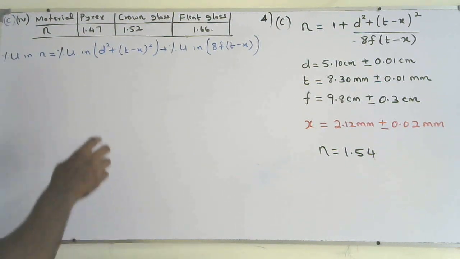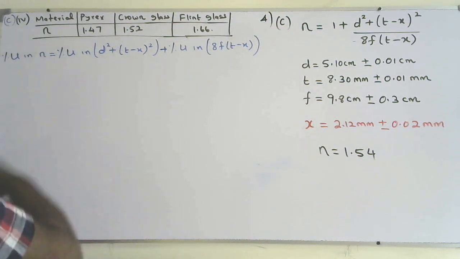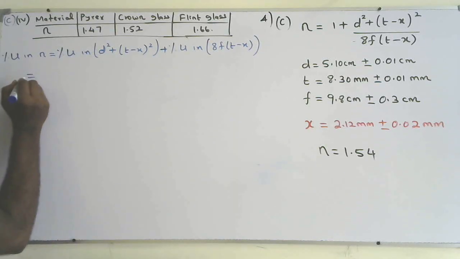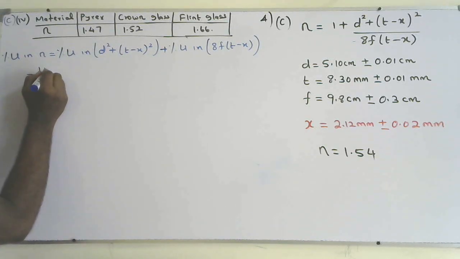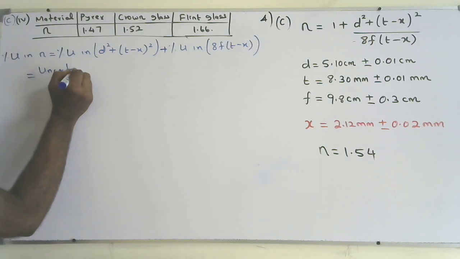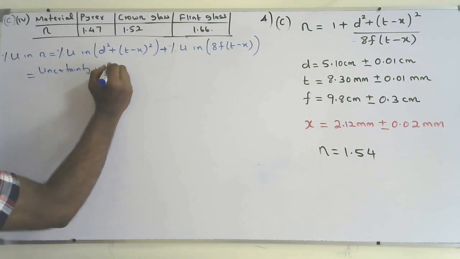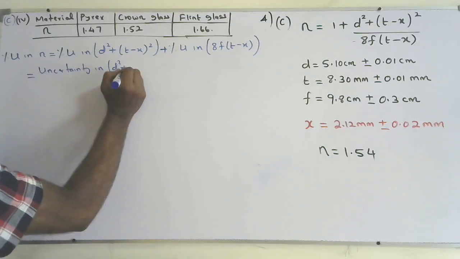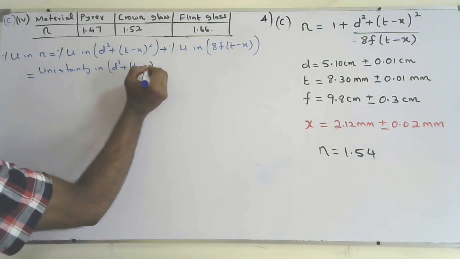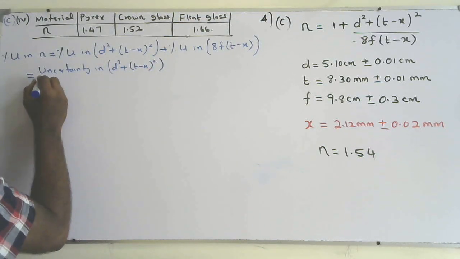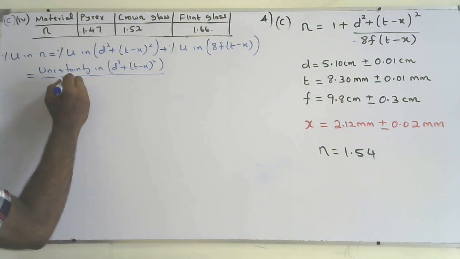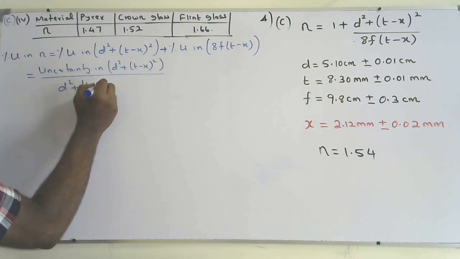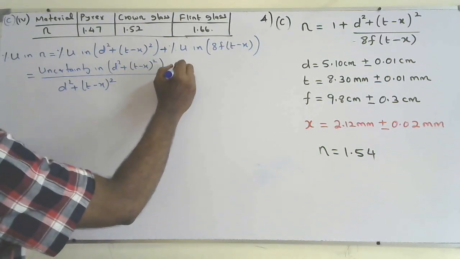Here the percentage uncertainty in this one is given by the uncertainty in d squared plus (t minus x) all squared, over the value of d squared plus (t minus x) all squared, times 100%.